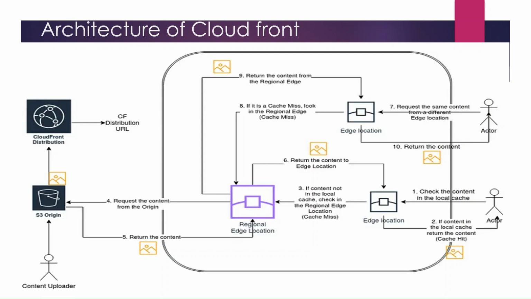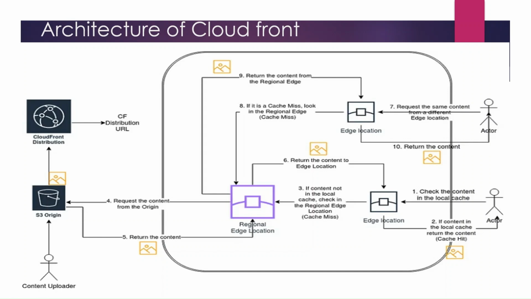So the regional edge location returns the content to the second edge location when the content is available there. Then the second edge location returns the content to the user.